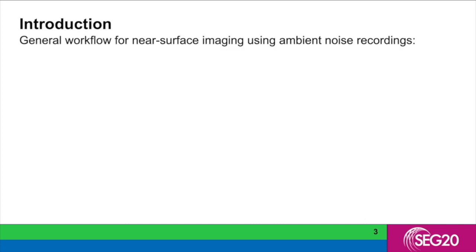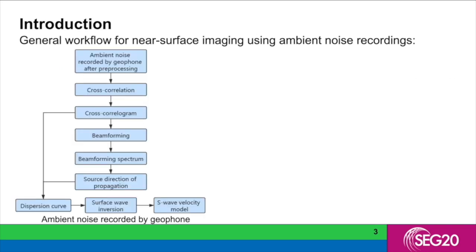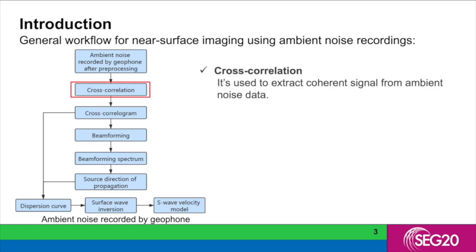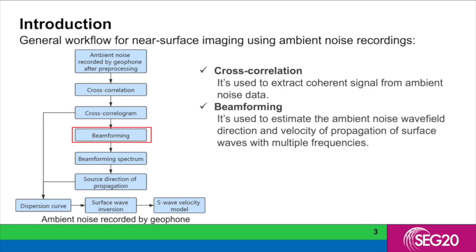Conventionally, in passive seismic, we use the ambient noise recorded by the vertical component of the geophone to image the near-surface structures. The processing workflow is like this. We first apply cross-correlation on the pre-processed ambient noise data to obtain the cross-correlogram. Then we can apply beamforming on either the data or the cross-correlogram to resolve the direction of the ambient noise wave field, and the apparent dispersion curve can be extracted from the cross-correlogram.